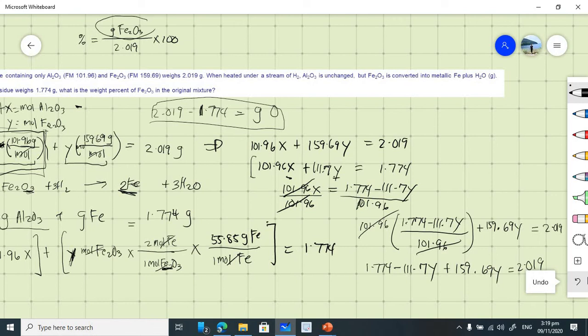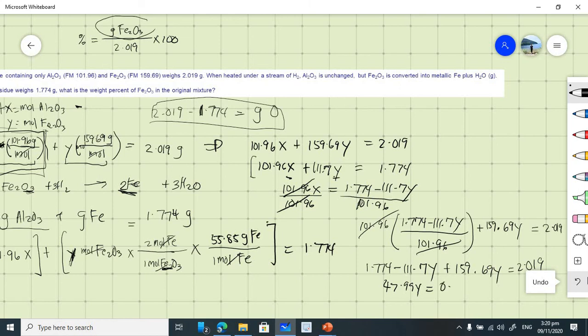So, now you can solve for y. So, that's 159.69 minus 111.7, that's 47.99y is equal to 2.019 minus 1.774.